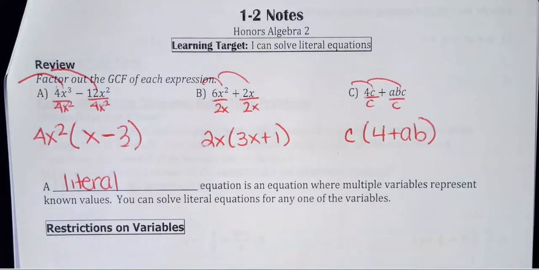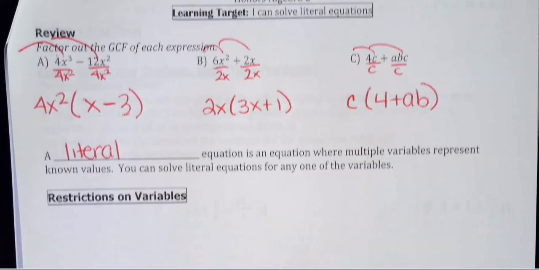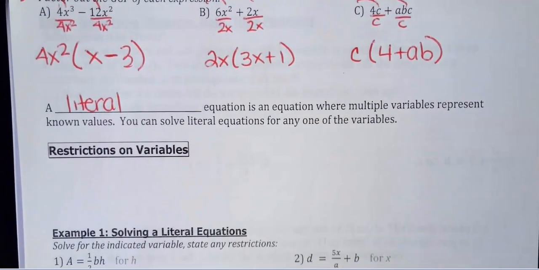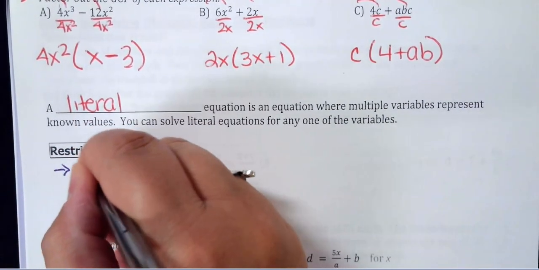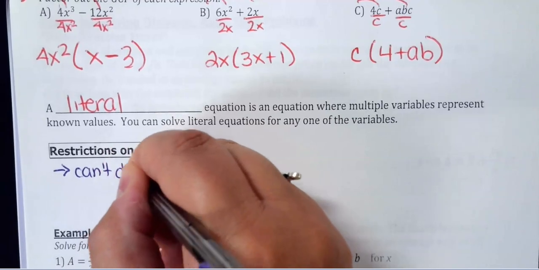Okay, the other thing I have to talk to you about before we do this, just real quick, is restrictions on variables. These can exist. You don't have them in every problem. There are two situations you have to worry about for a restriction, and that is that you can't divide by 0.